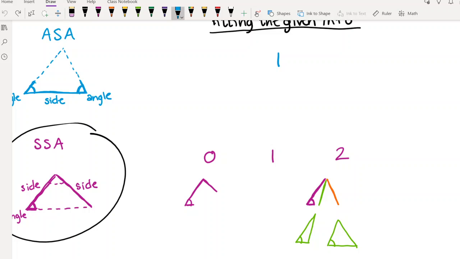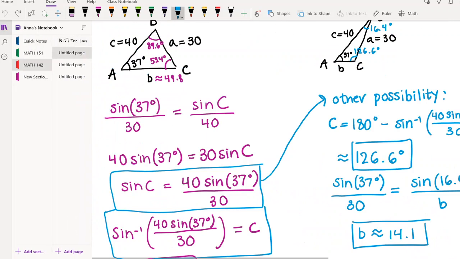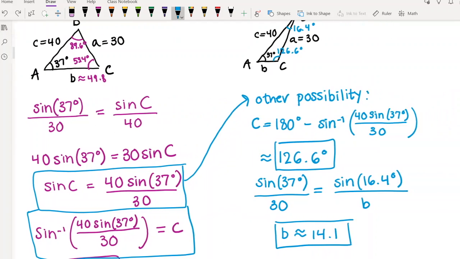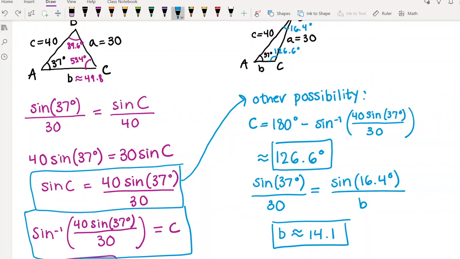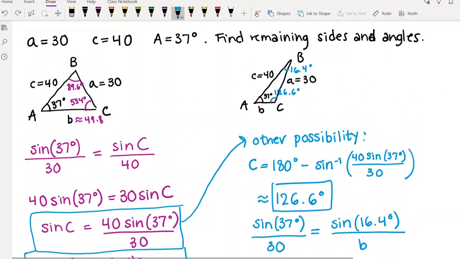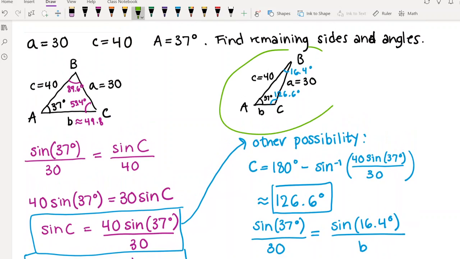There's definitely one though where it specifies that the triangle you're trying to find has an obtuse angle. An obtuse angle is an angle that's bigger than 90, so that's going to be this kind of triangle.